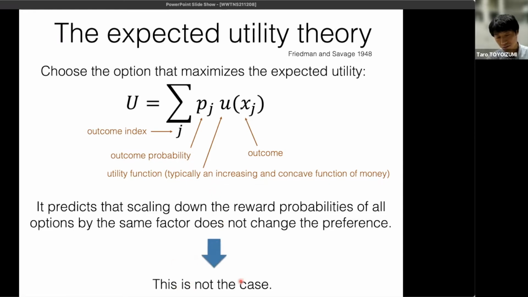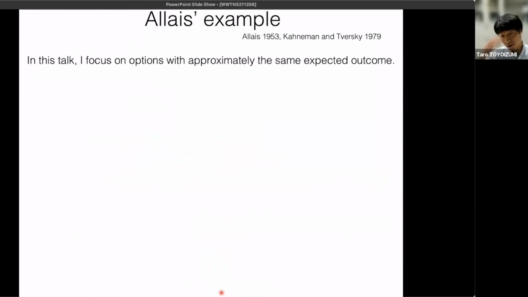However, this is actually not the case if we observe human experimental results. I will explain it with a famous Allais example. Just to note that in this talk, I focus on options with approximately the same expected outcome, because this is the typical case that can violate expected utility theory.